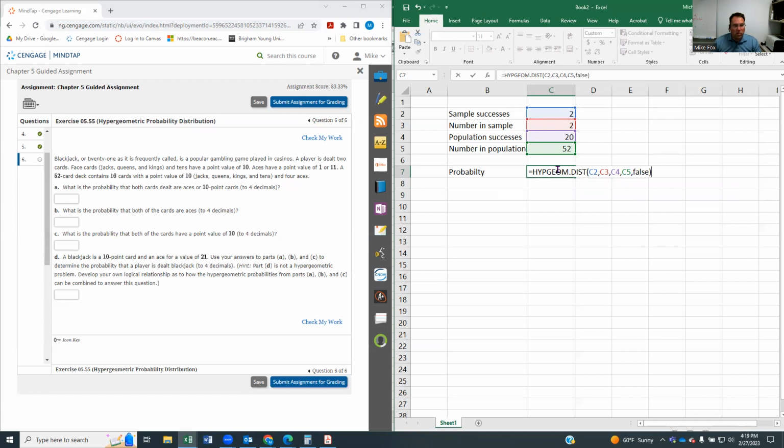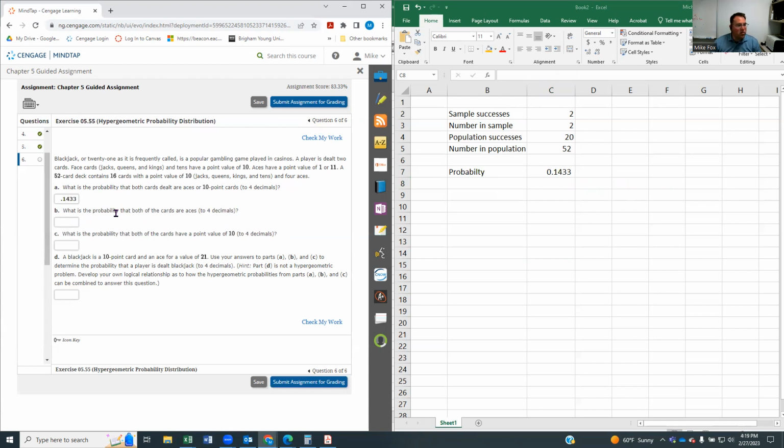So what's the probability I get exactly 2 successes out of 2 draws when there are 20 successes potentially out of 52 total? And the answer is 0.1433. So about a 14.33% chance of drawing 2 cards that are either 10-point or aces.